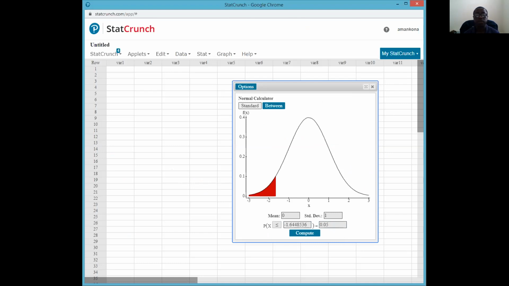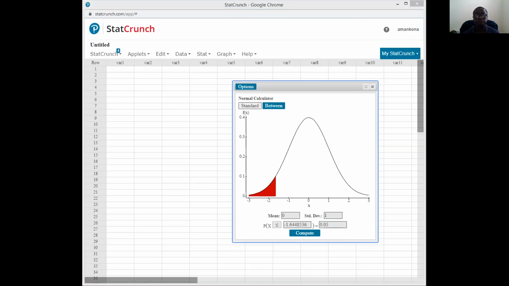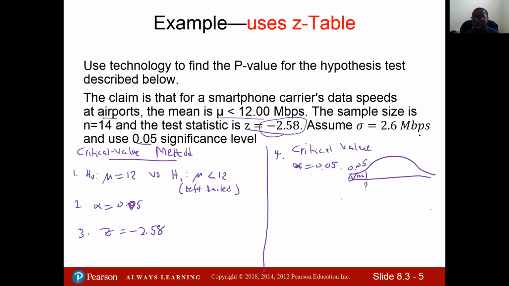So go back to our PowerPoint. This value here is negative 1.645. So my critical value, c at 0.05, is equal to minus 1.645. Now, what's my decision?